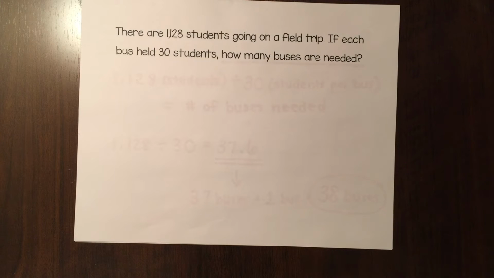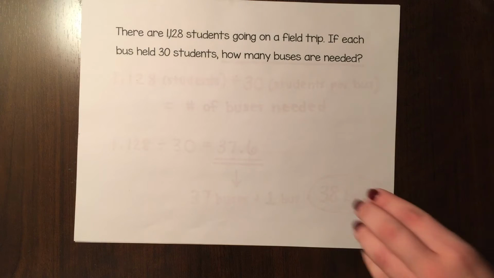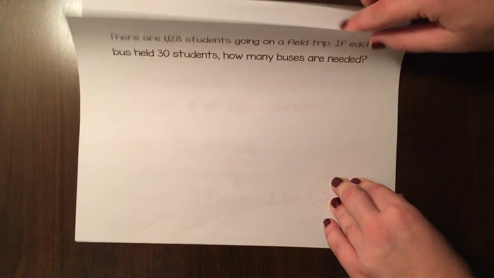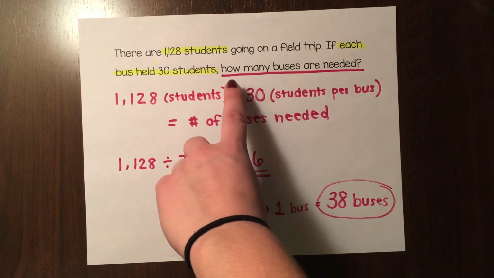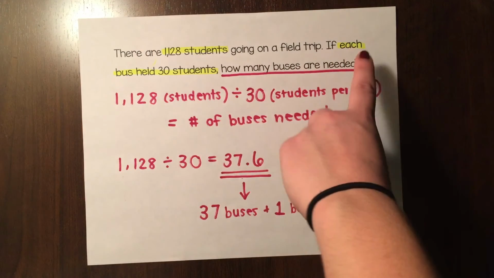Our last problem is an example of a multi-step word problem that involves a remainder. This problem says there are 1,128 students going on a field trip. If each bus held 30 students, how many buses are needed? We know the question we're trying to solve is how many buses are needed.